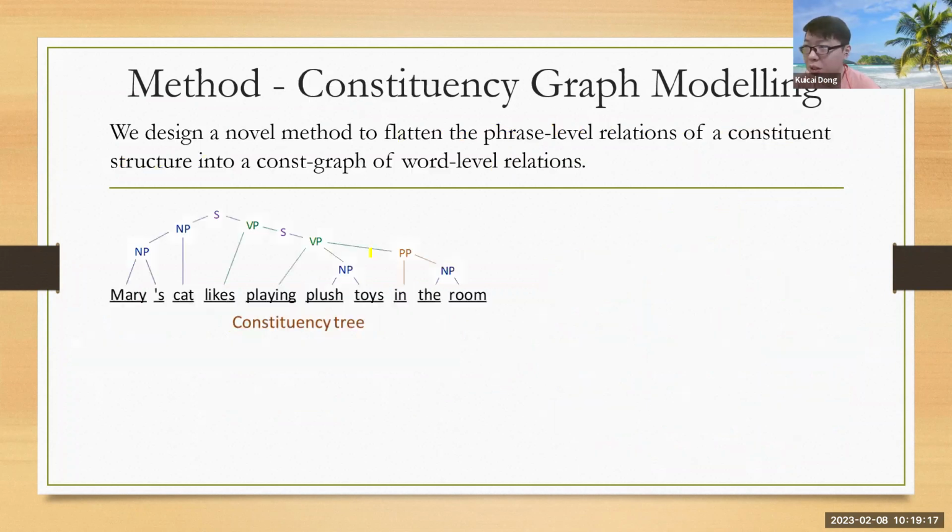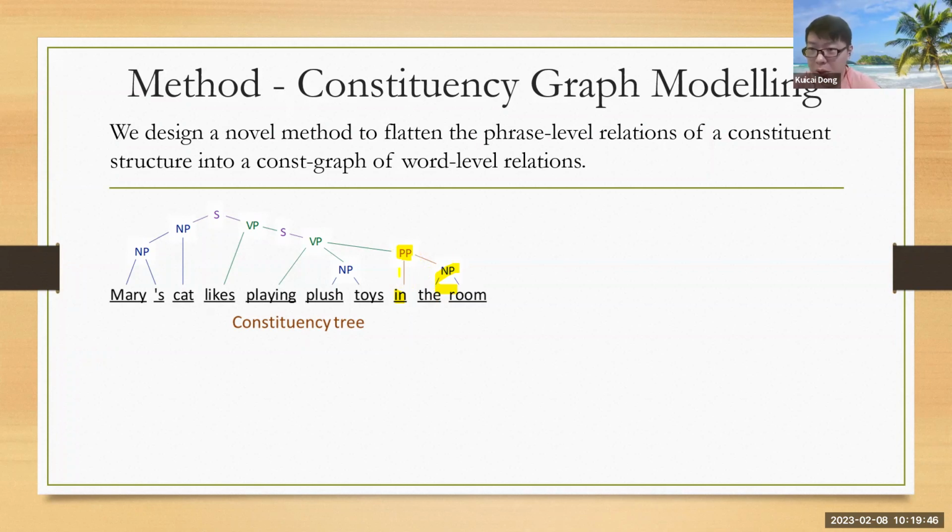The challenging part is how we convert the constituency tree into a word-level graph. For example, this prepositional phrase consists of a preposition and a noun phrase. So "in" should be linked to both "room" and "the", but this relation is not at the word level.